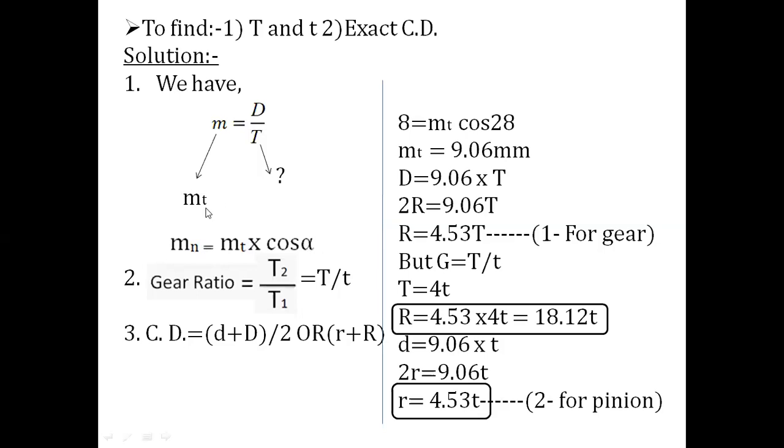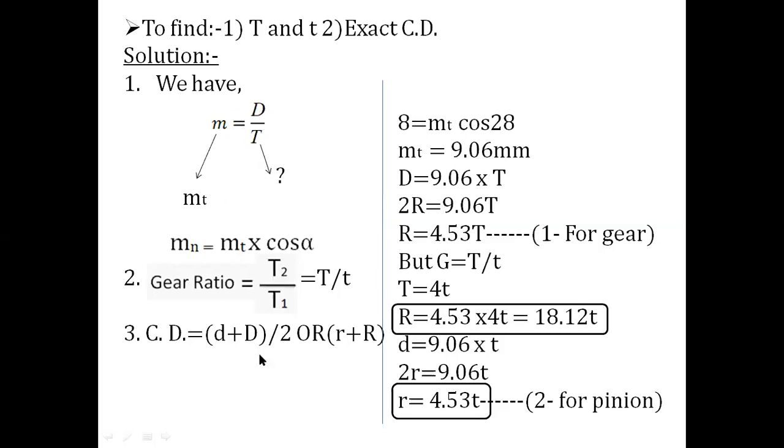So we will find mt. The mn value is given and the alpha value is given, so we can find mt. By putting that mt value here, again d we don't know, the pitch circle diameter of the gear, so two unknowns are there. So we will find capital T in terms of capital D, and small t in terms of small d, from this formula.